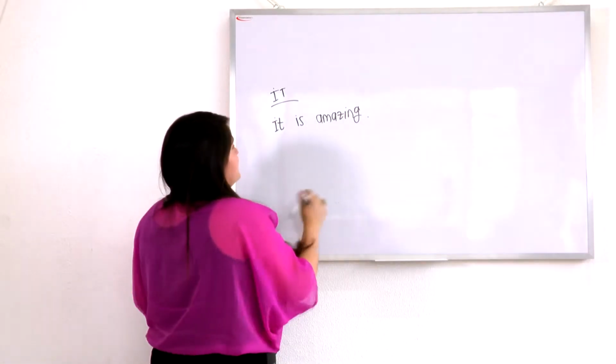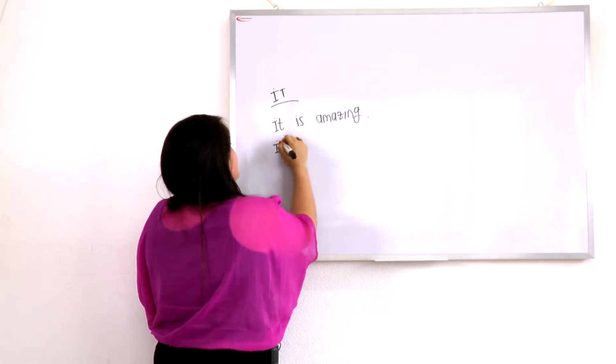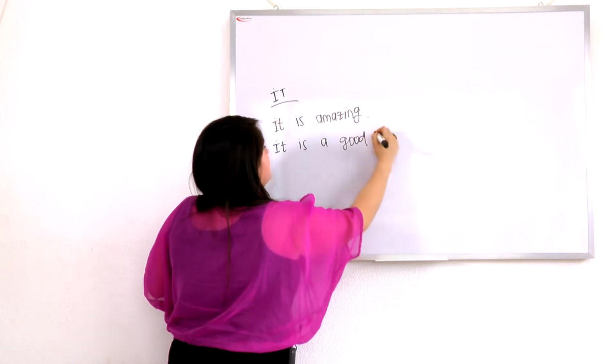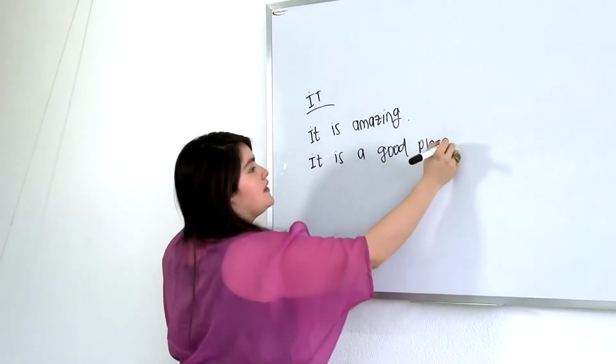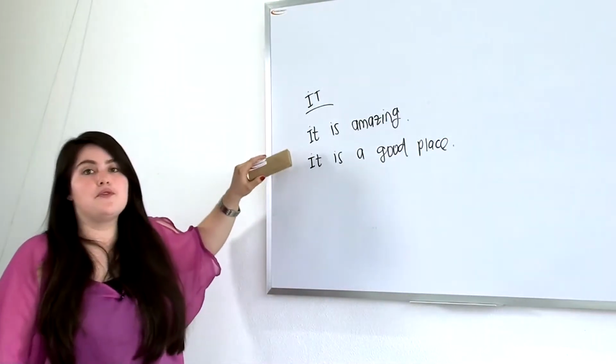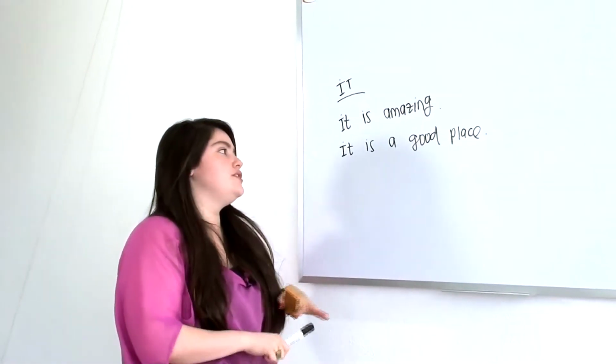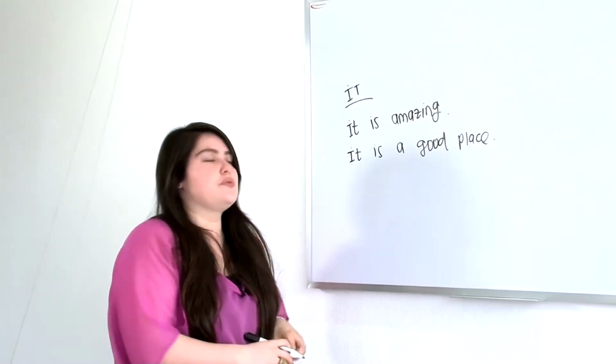Then I am going to give you another sentence like it is a good place. It could be used to describe some things, like you can describe places, you can describe situations, you can describe whatever you need to describe.